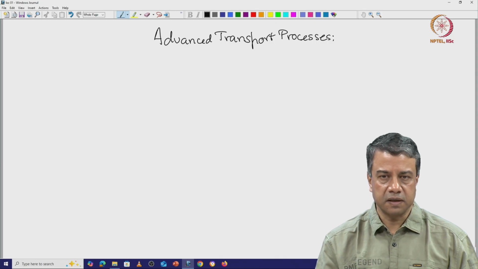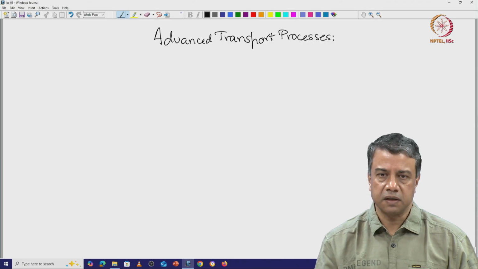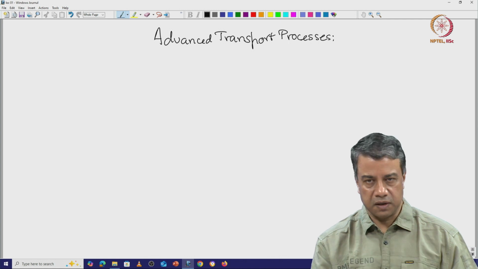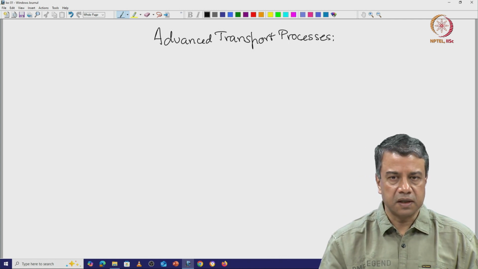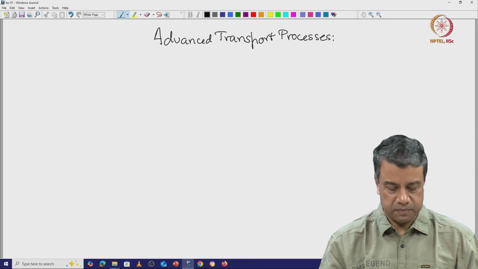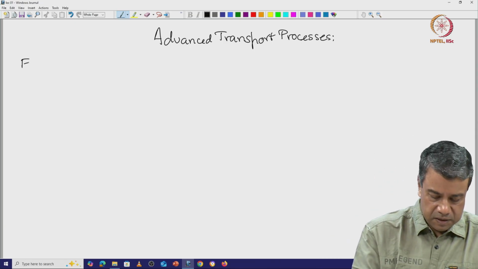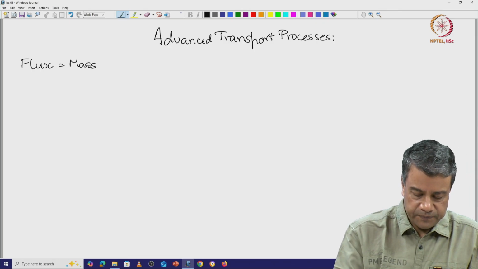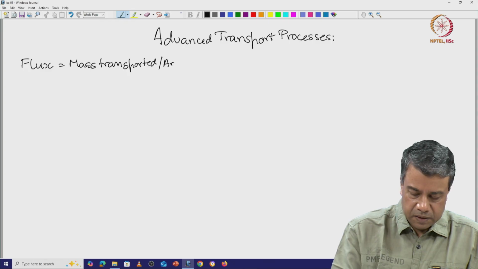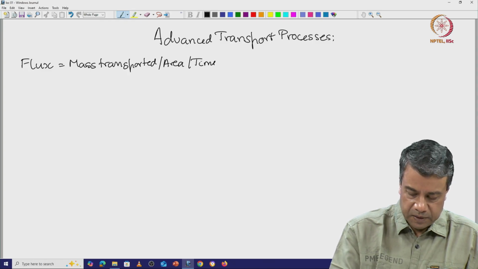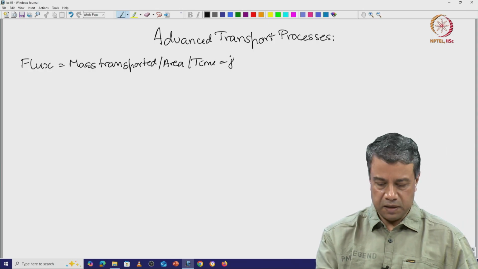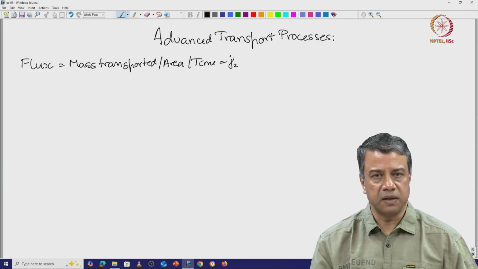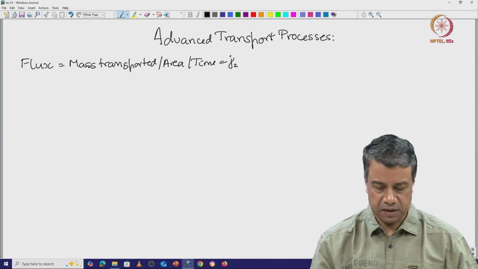So, let us first consider mass transport, the transport of mass due to fluid flow and the transport of mass due to molecular diffusion. If you recall, there are 2 mechanisms of transport. The flux is defined as the mass transported per unit area per unit time, usually given by the symbol J and a subscript which indicates the direction in which there is the flux, in this case the Z direction.